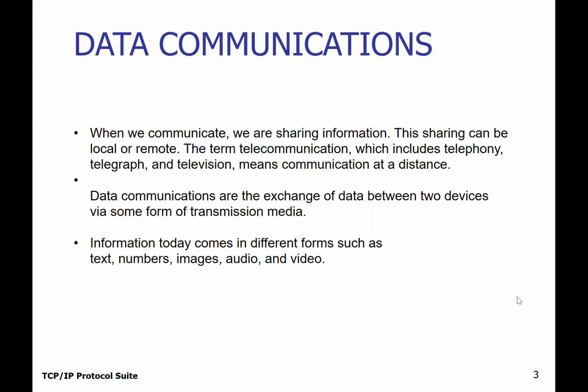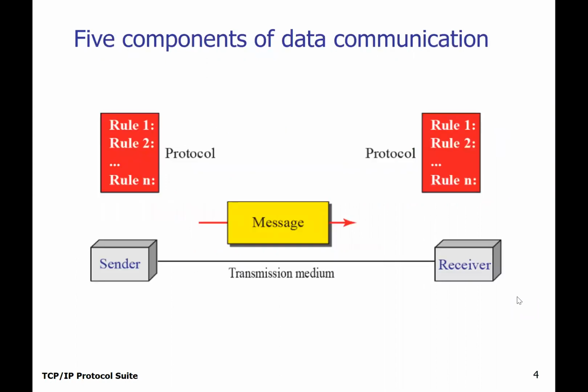Okay, what's the type of information or data we share? There are too many: voice, text, and now these days there is more, right? Video, numbers, text, everything. And I mentioned that to have a communication process, you need elements.